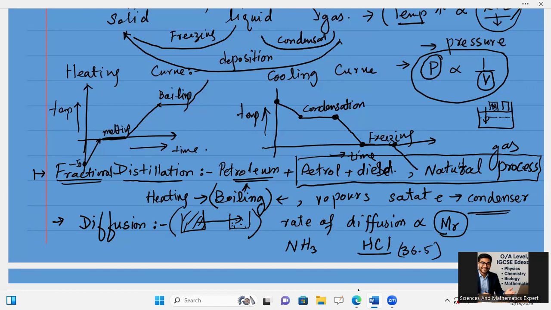In case of ammonia, it has 14 for nitrogen and 3 for hydrogen, so it will be 17 only. So ammonia's diffusion rate, going from higher concentration to lower concentration, will be much larger as compared to hydrogen chloride gas. So it directly depends upon the molar mass of that compound.